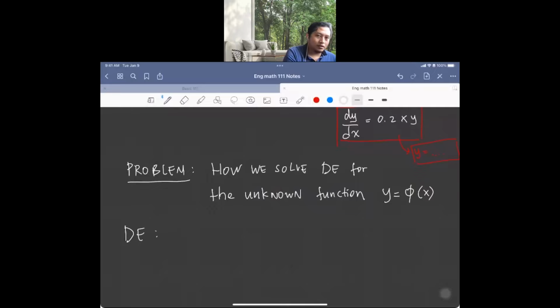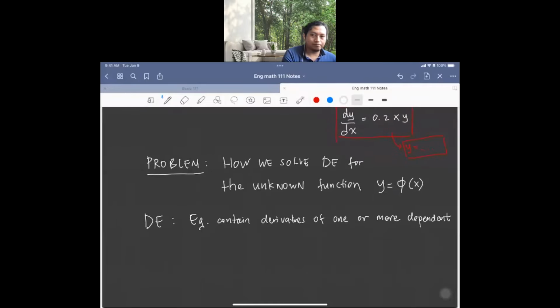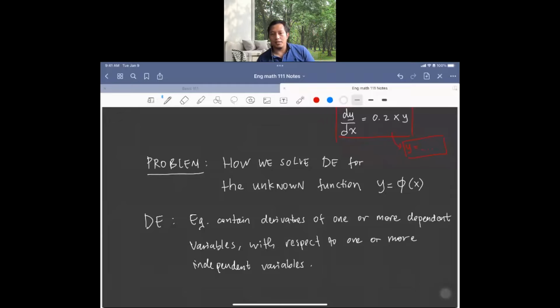So a DE, as in the definition, is an equation containing derivatives of one or more dependent variables with respect to one or more independent variables. Okay, so that's the DE.